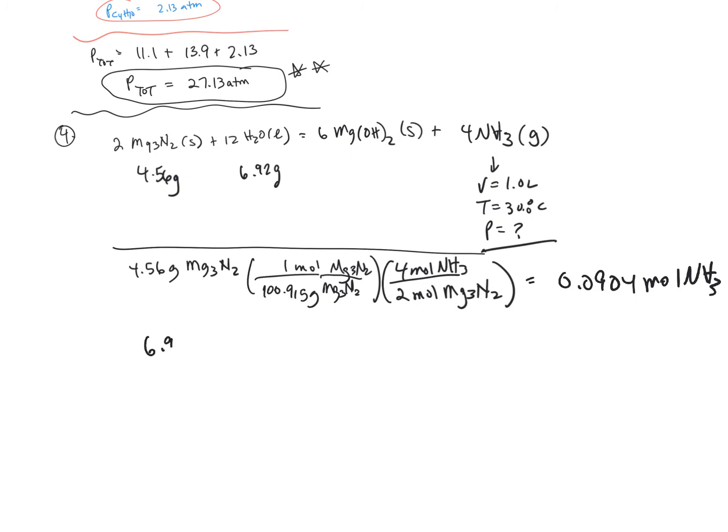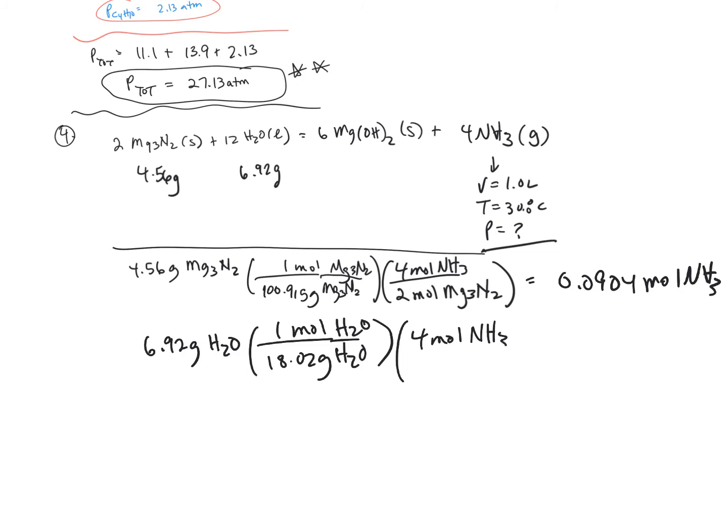Okay, now take your other quantity, which is water, and calculate the amount of ammonia. So 6.92 grams of water. Use 18.02 grams of water per mole water, so that's the molar mass. Then you're going to use the coefficient for ammonia to water. So it'll be 4 moles NH3 for every 12 moles of water.